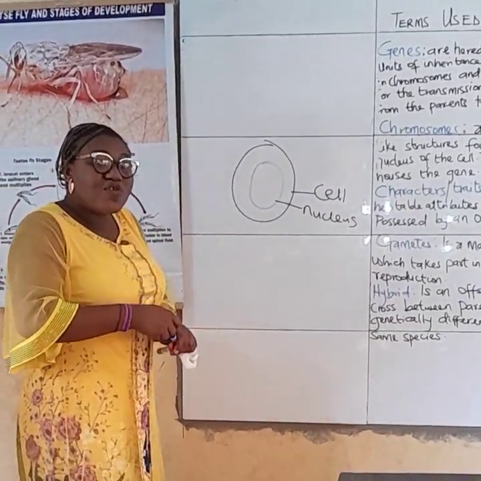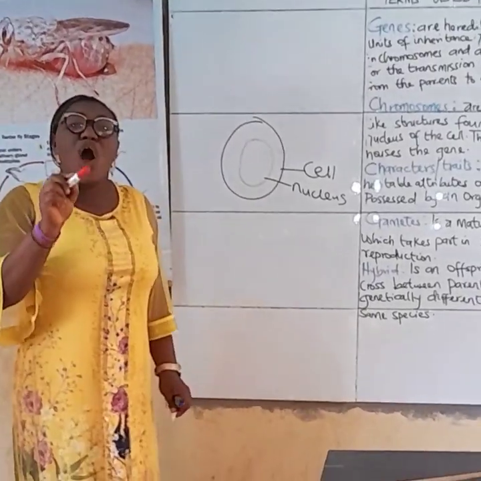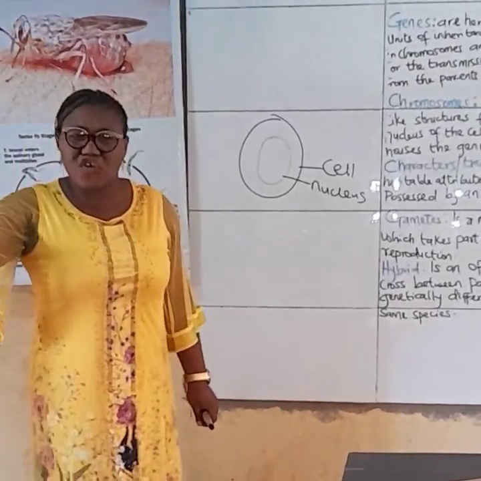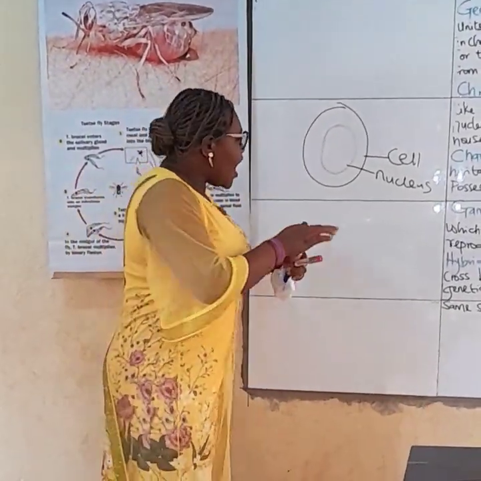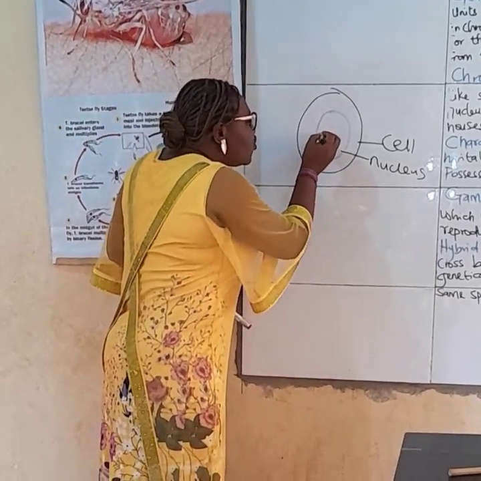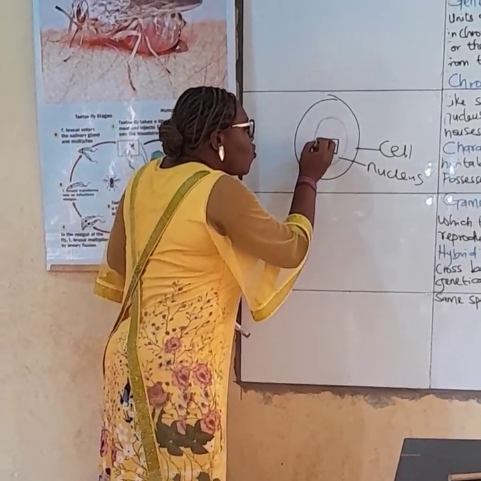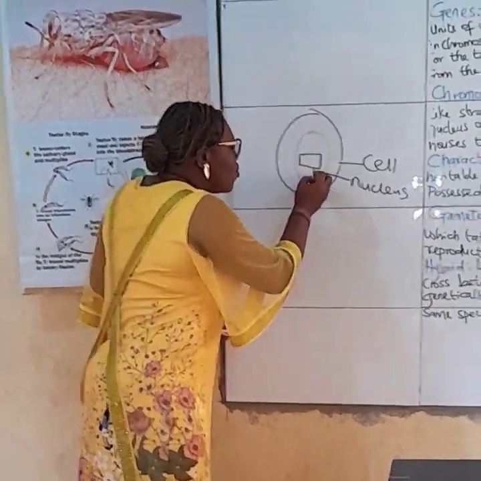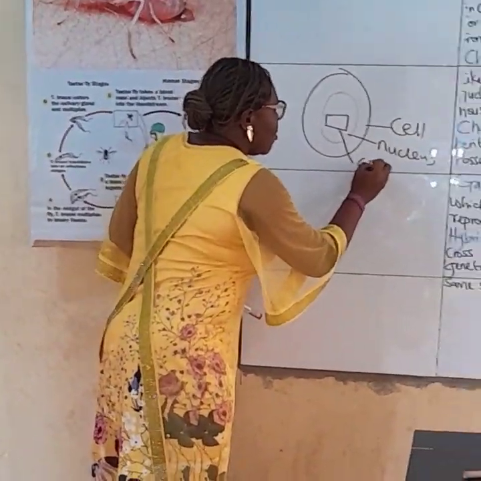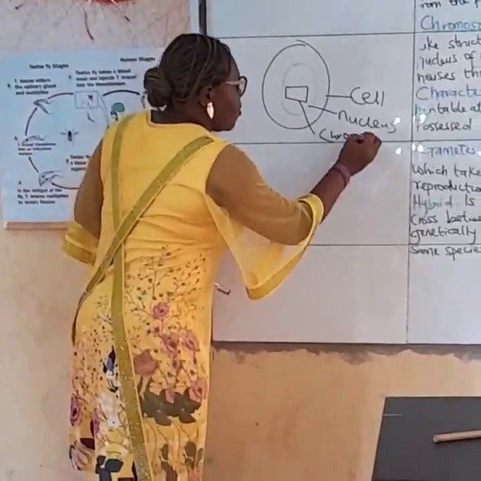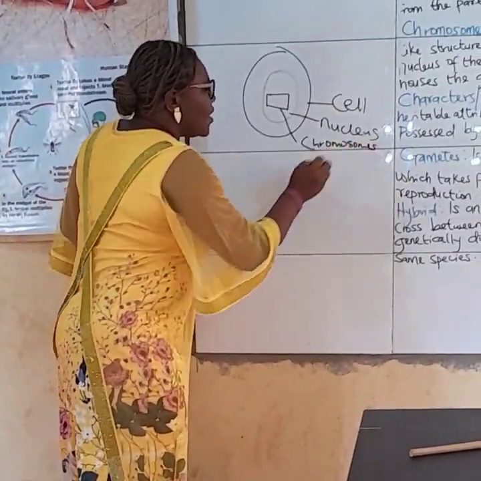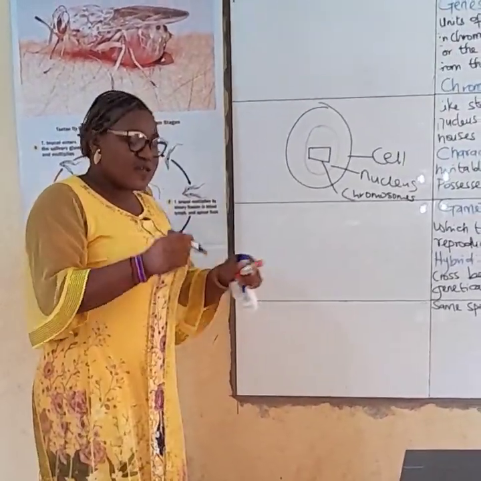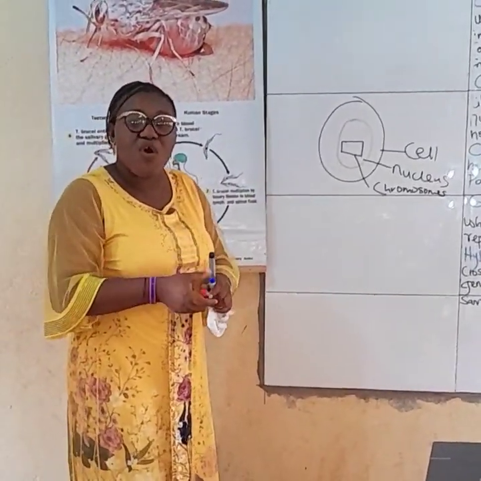Inside the nucleus, you will see a rod or thread-like structure, which we call the chromosomes. Then inside the chromosomes, you will now see what we call genes.